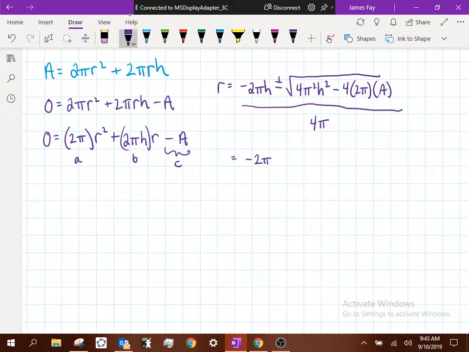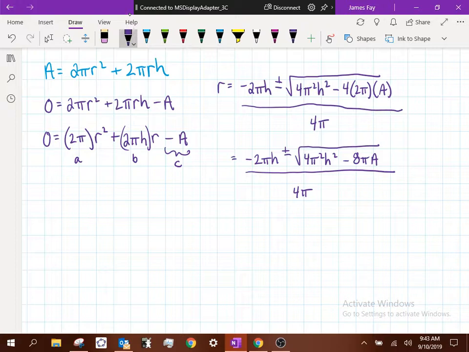So I'm just going to rewrite this as negative 2 pi h plus or minus the square root of 4 pi squared h squared, which turns into minus 8 pi times A, all over 4 pi.